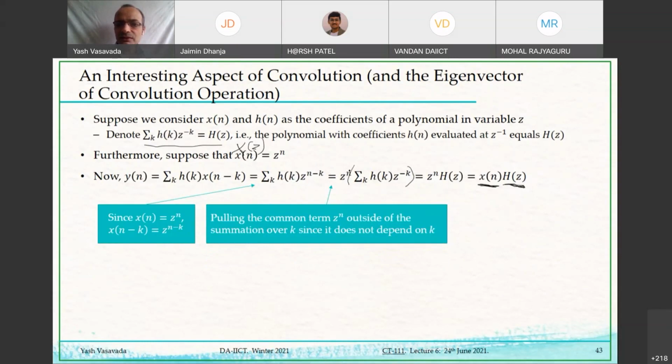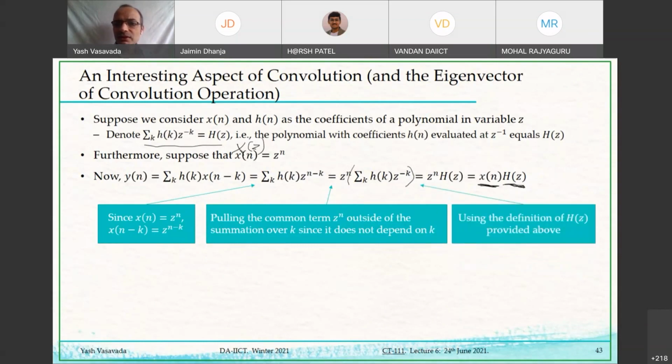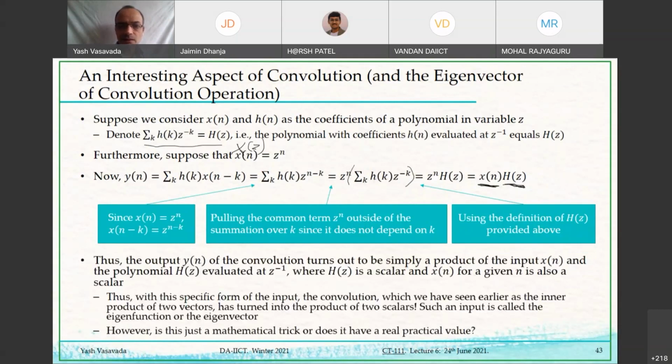And so we can take it outside of the summation and multiply the summation with z to the n directly. And then the third equality came because this term in the bracket is exactly how we had defined this polynomial evaluated at z inverse. So now the output is the same as the input x of n, except it got multiplied by h of z, which is just a scalar.